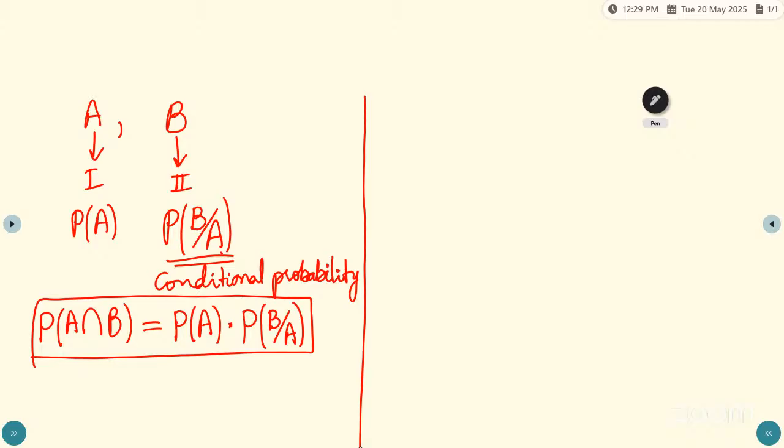If the happening of an event as a result of the first trial doesn't affect the happening of the events as a result of another trial, such events are known as independent events.